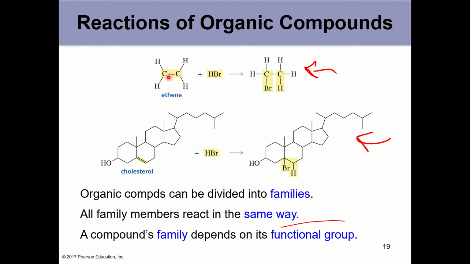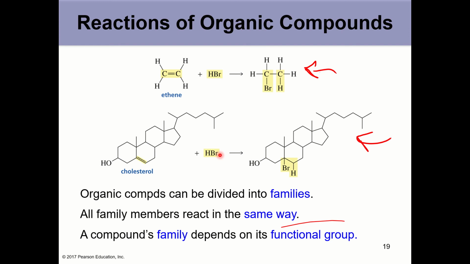When ethene reacts, ethene will react with HBr to create bromoethane, and cholesterol will react with HBr to create bromocholesterol. Organic compounds in their reactivity can be divided into families.